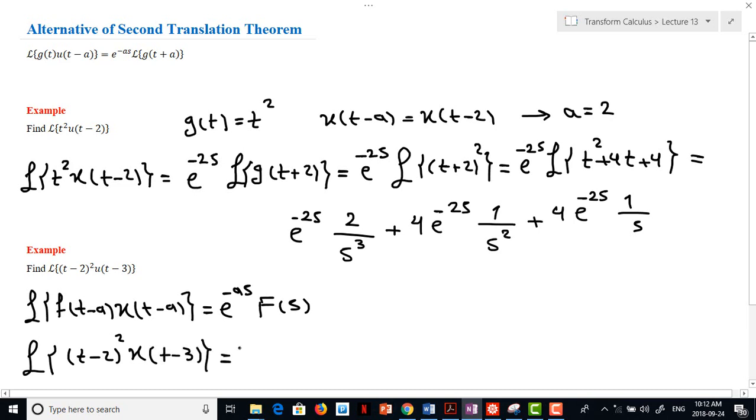So I just expanded, so it's equal to the Laplace transform of (t squared minus 4t plus 4) u(t minus 3).